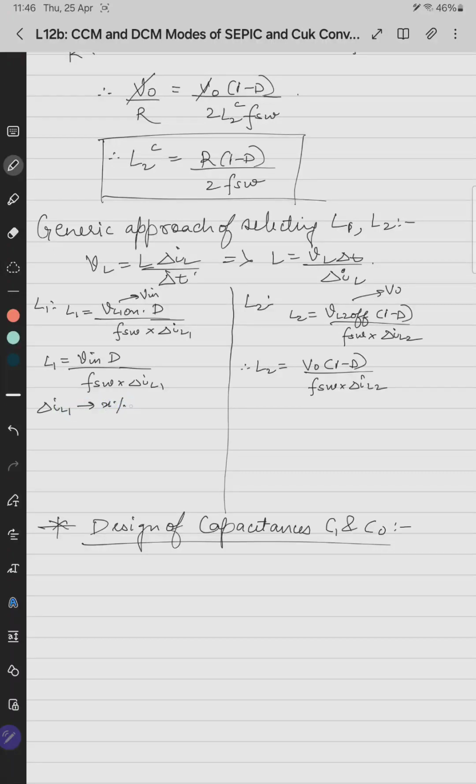Here delta IL1 is some X1 percentage of IL1, which is given, and similarly delta IL2 is some X2 percentage of IL2, which is also given. So how to choose L1?